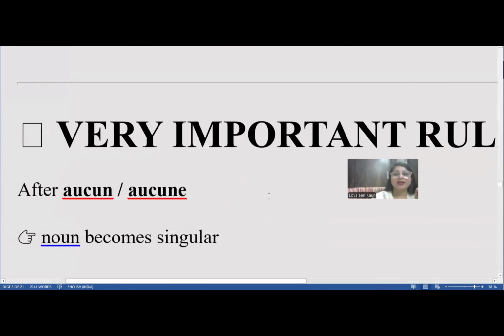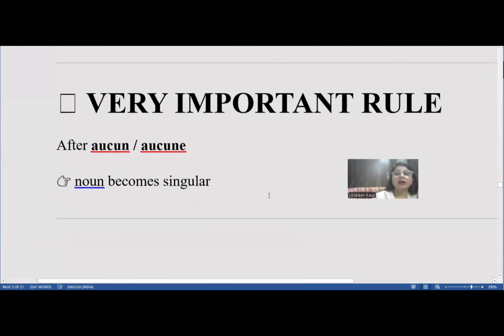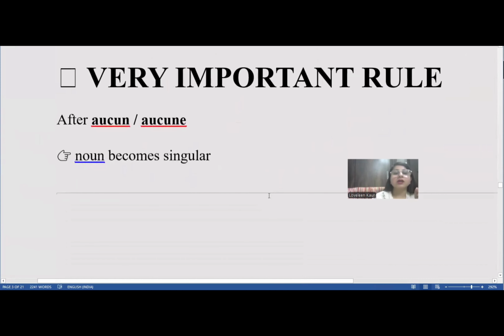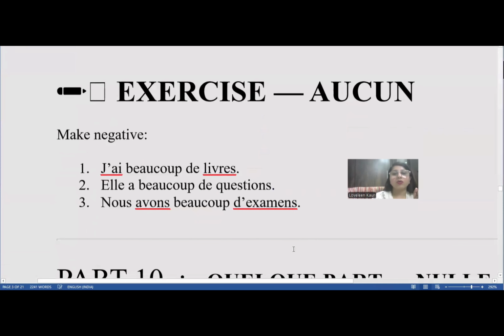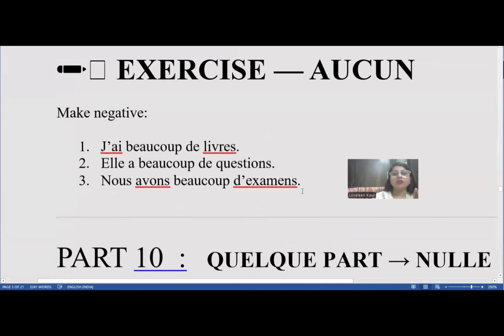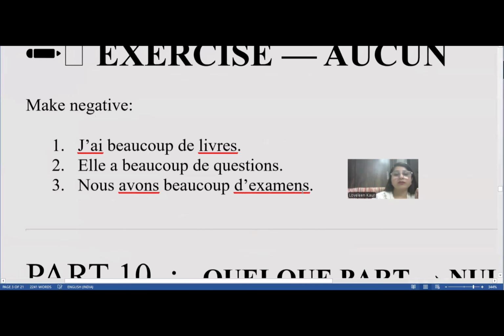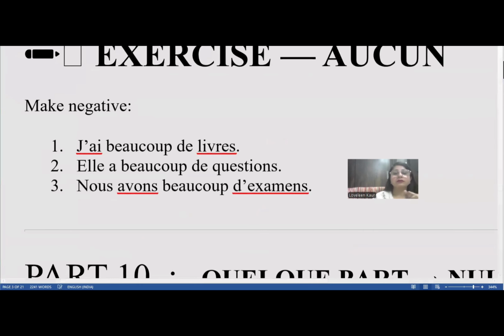Now, if we want to say this, the noun becomes singular. I already mentioned that, right? And now, let's see aucun, aucune. For example, j'ai beaucoup de livres. J'ai beaucoup de livres means I have many books or I have a lot of books. So how will we make it negative?